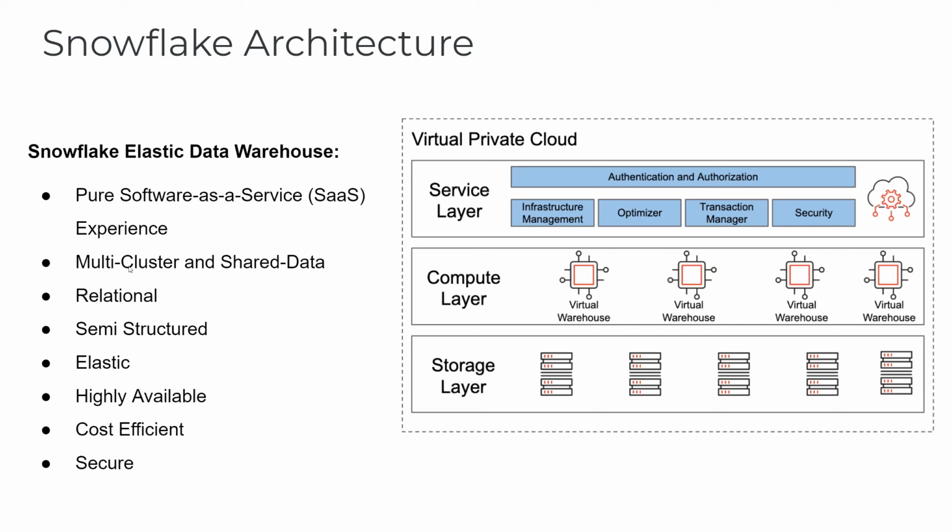What do they mean by this? The storage layer, our data lake, or where all the data will be stored, is a single one. So it's kind of SMP, a single storage for all data. But the compute layer is MPP. So we can run different virtual machines and they can all read from the single storage.